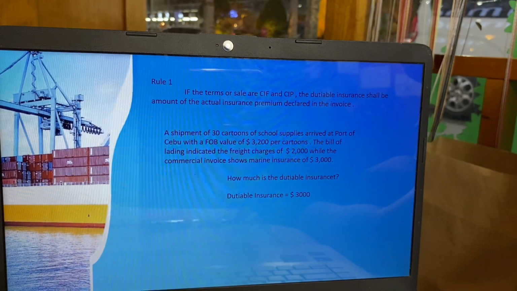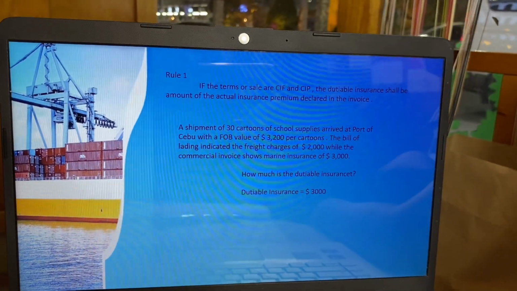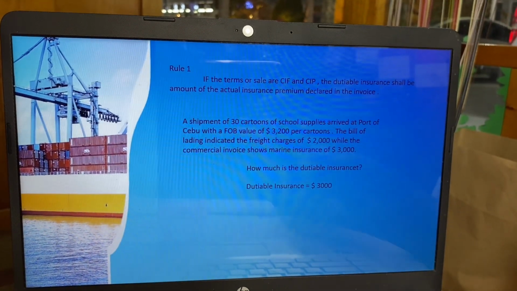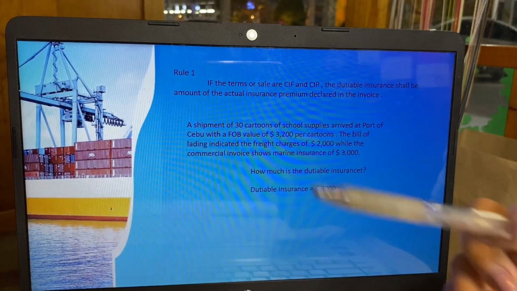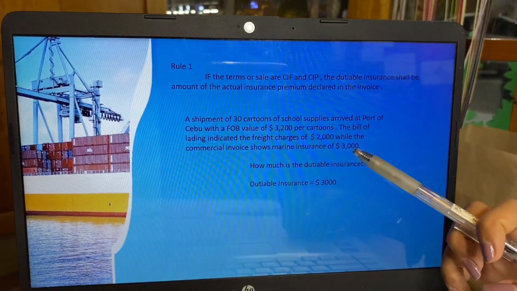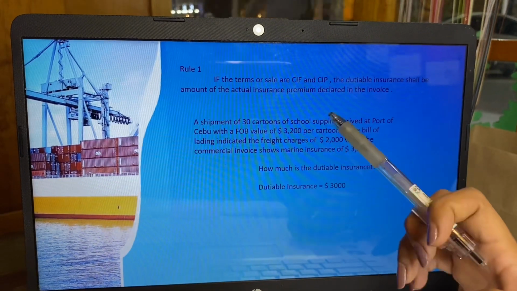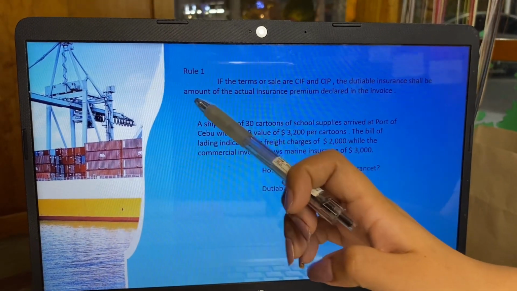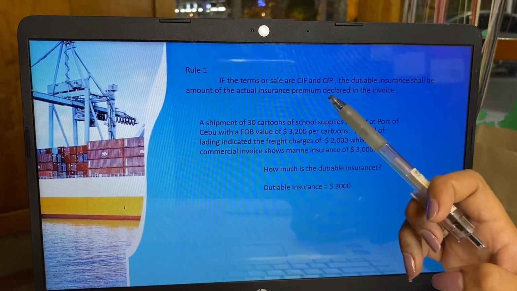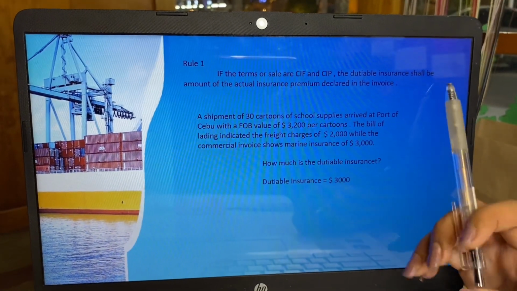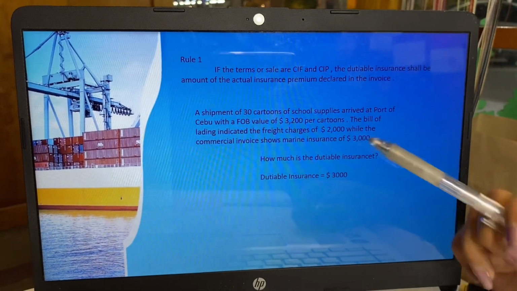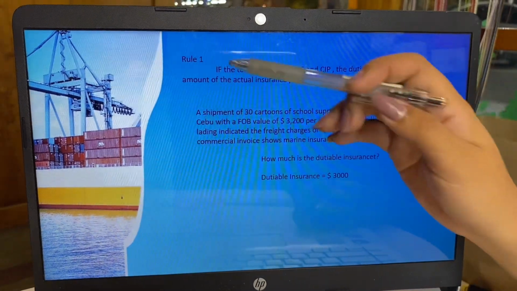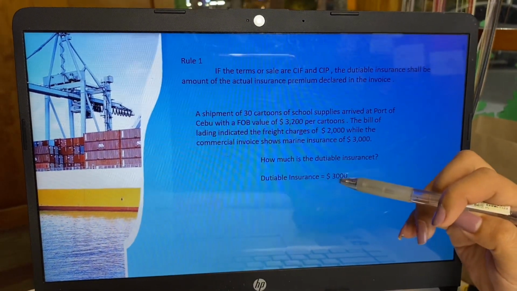In example number 1 of rule 1, the commercial invoice shows marine insurance of 3,000. Rule number 1 states that the amount of the actual insurance premium declared in the invoice is the dutiable insurance. So our dutiable insurance in rule number 1 would be 3,000 US dollars.